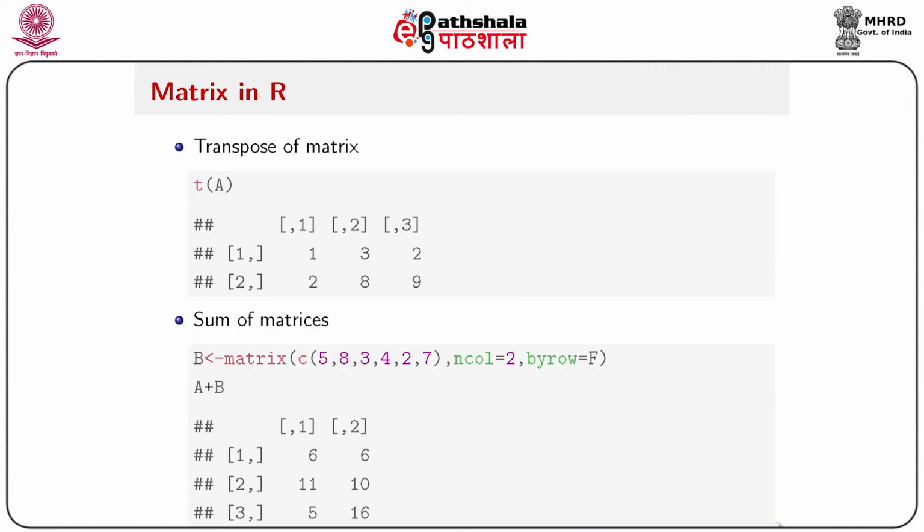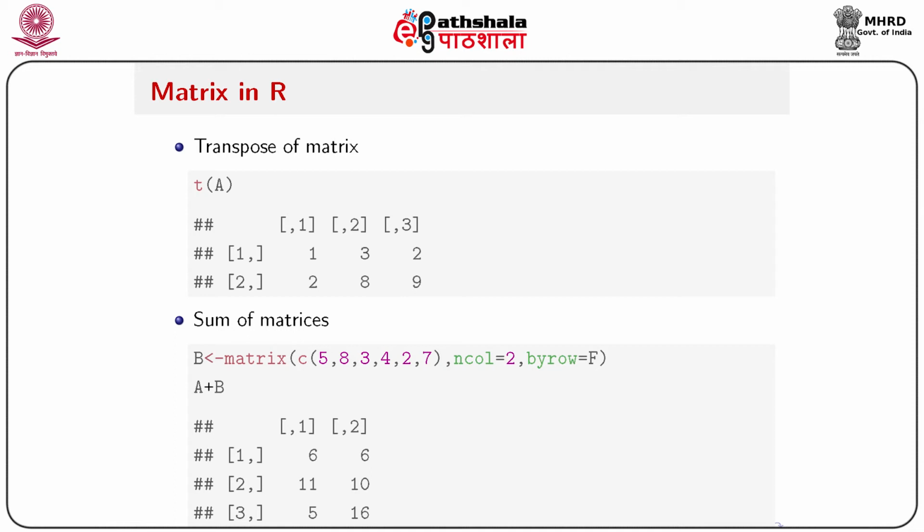The transpose can be done the same as the vector that we have seen. Just the t function we will use. So if it is 3 by 2, then it would be 2 by 3. So t(A), if A was a 3 by 2 matrix, will give you a 2 by 3 matrix.